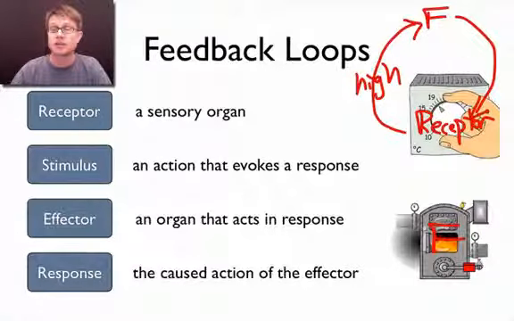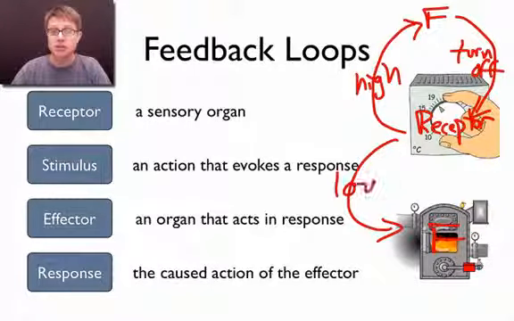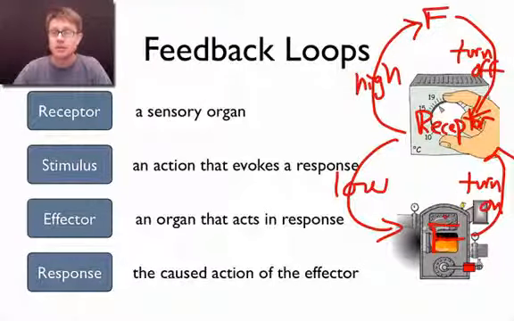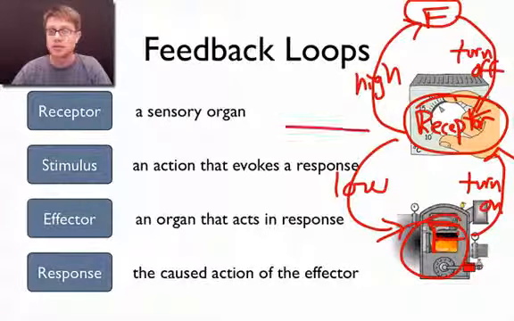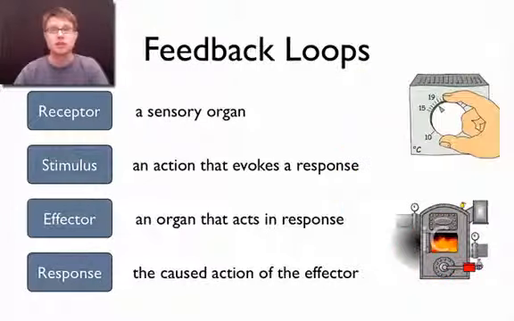What is the furnace going to do? The furnace is going to turn off. Let's say the temperature goes too low, so that's an action, or our stimulus. What's our response going to be? Then it's going to turn on. Those are just analogies, ways you can understand how a feedback loop works. But remember, we put the receptors and the effectors at the top, at the bottom, and right in the middle. That keeps us close to a set point.